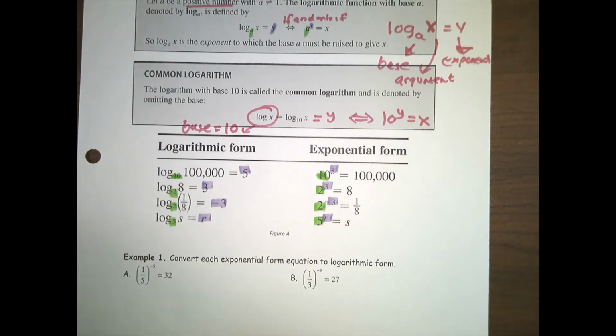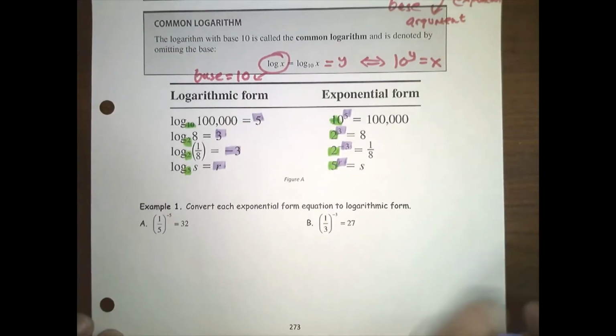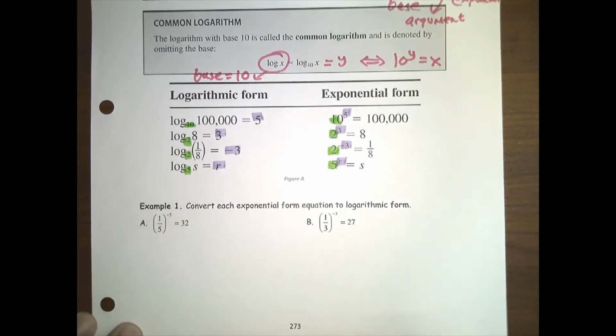All right, so again, if you have any questions, feel free to let me know. But right now, all we're doing is just rewriting the forms back and forth between logarithmic form and exponential form.